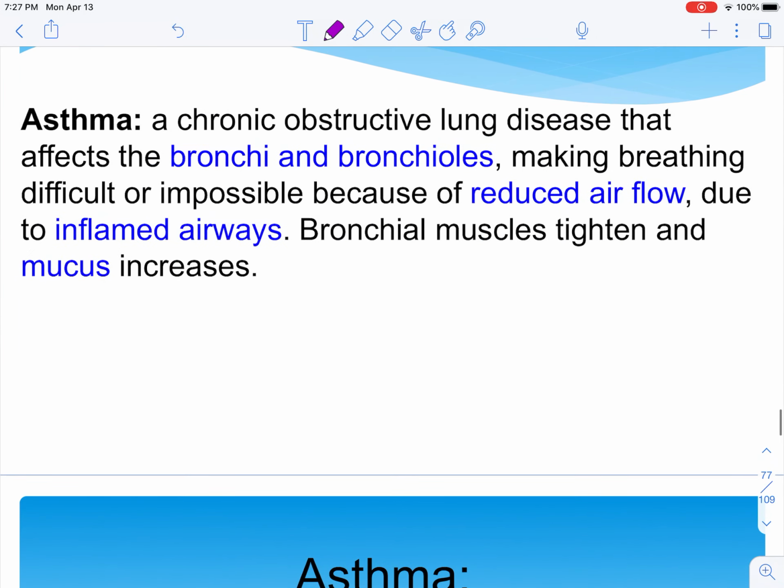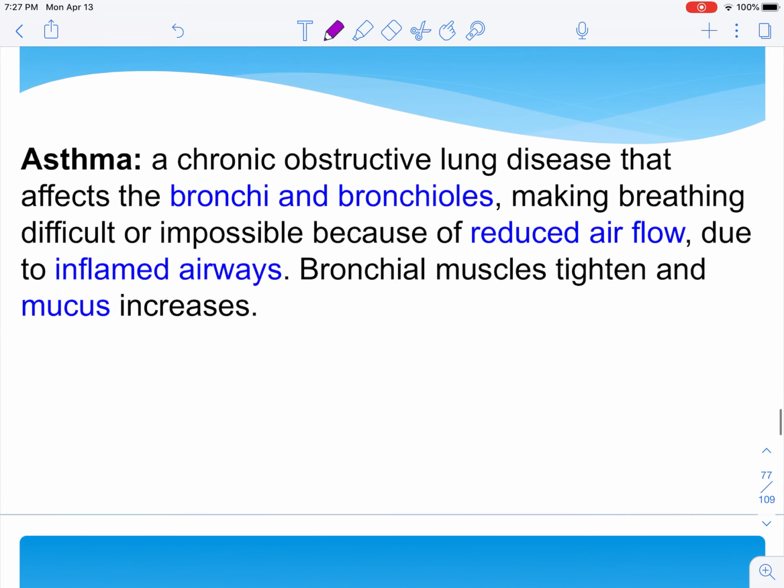Asthma is a very common condition where there are inflamed airways that can be caused by a lot of things. Environmental contaminants, could be pollution, could be pollen, it could be dust, it could be all sorts of things, even exercise-induced asthma, a lot of things that can cause your body to inflame the respiratory tract.